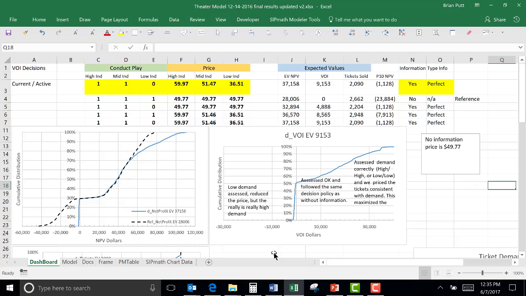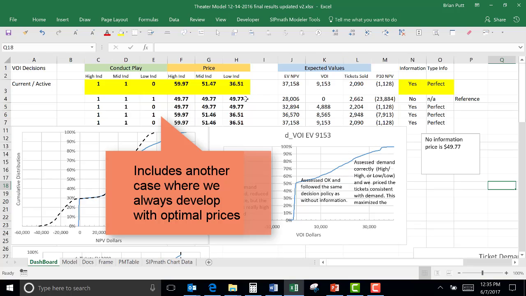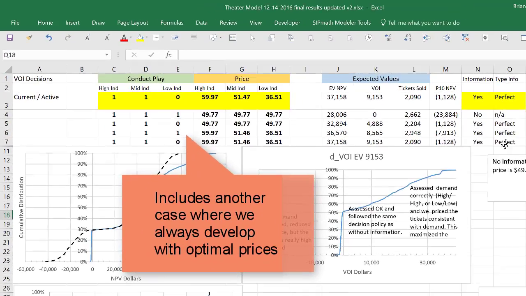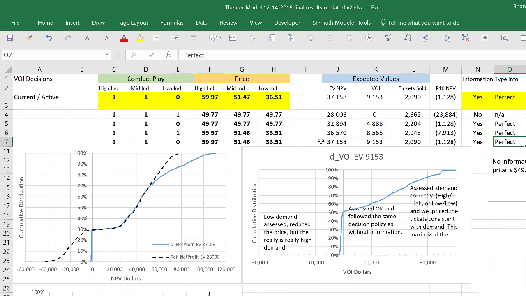So here's our model. We've optimized the model for having perfect information. We've optimized the prices, and we've sold 2,090 tickets with an NPV of 37,158 and a VOI here.